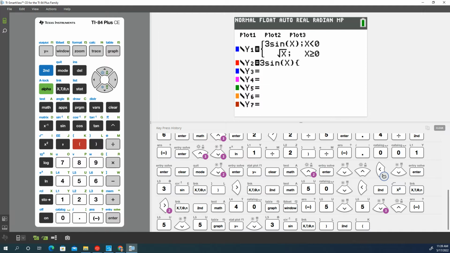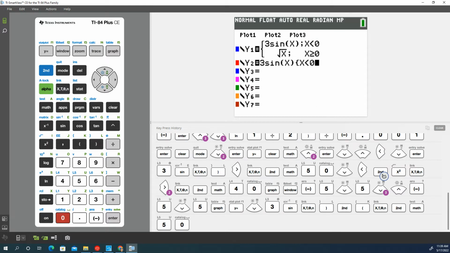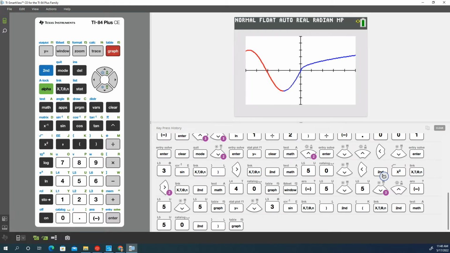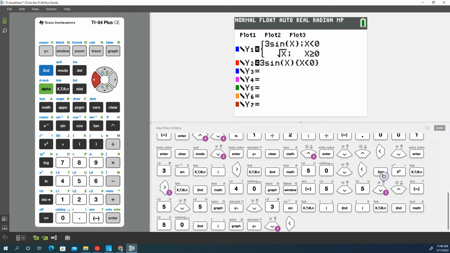Yeah. These things are amazing. X is less than 0. I think you can do it this way. Let me just try if it'll work. Why did it graph? Can this solve inequalities for you? We didn't do this before. This can graph inequalities. I think you can change this equal sign.